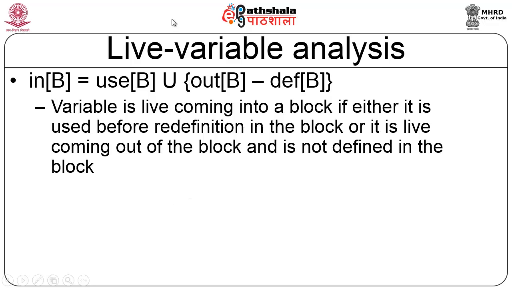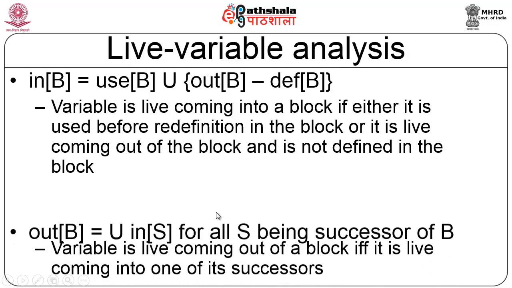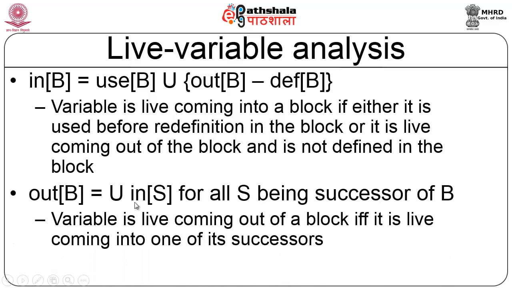Okay, that is your in of B. If it is not defined in the block and it is live coming out of the block, this is what we call it, and use is that it is being used before redefinition in this particular block itself. And out of B will be the union of in of S for all S being a successor of B. So the union of in of S for S being a successor of B, that is going to be your out of B.